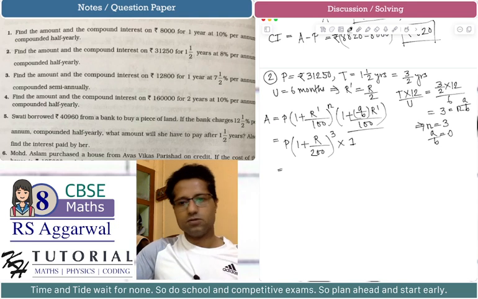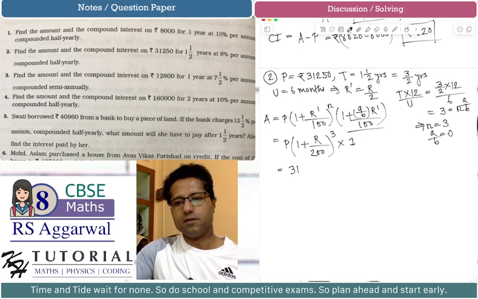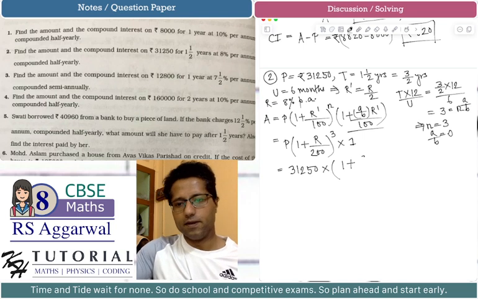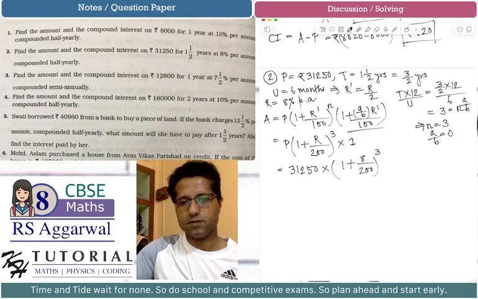Okay, so this becomes P is 31250 multiplied by, R is given to be what? R is given to be 8% per annum. So we have 8 by 200 to the power 3.